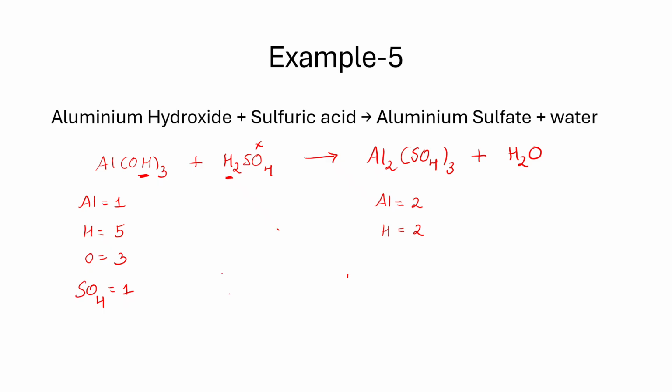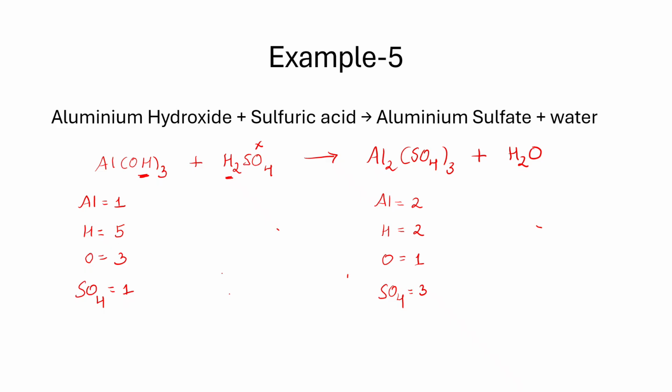And then we have 1 oxygen that's present in water, excluding the oxygen that's present in sulfate. And then we have 3 sulfates. All right. Now, if you think you would be able to balance this equation on your own, you can pause this video here and then compare your answer with mine towards the end.